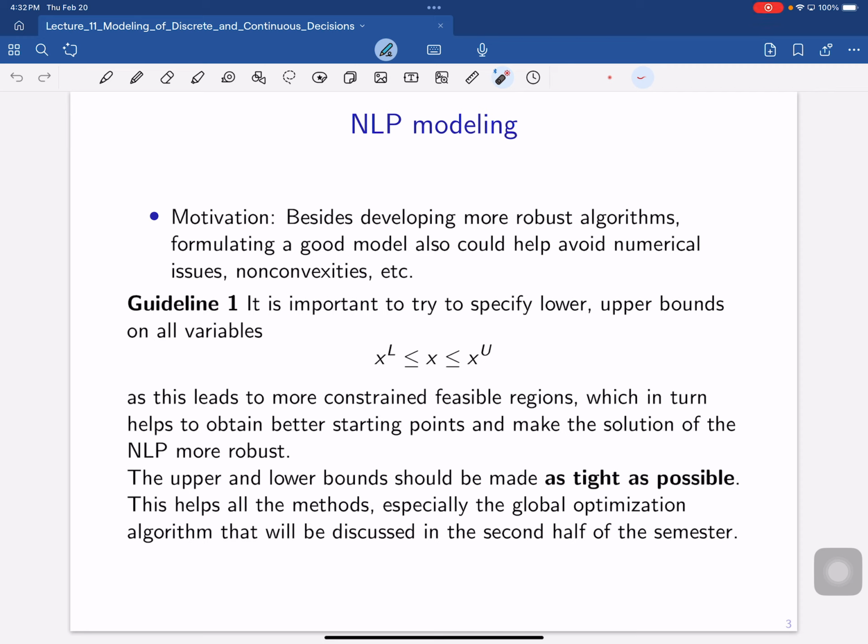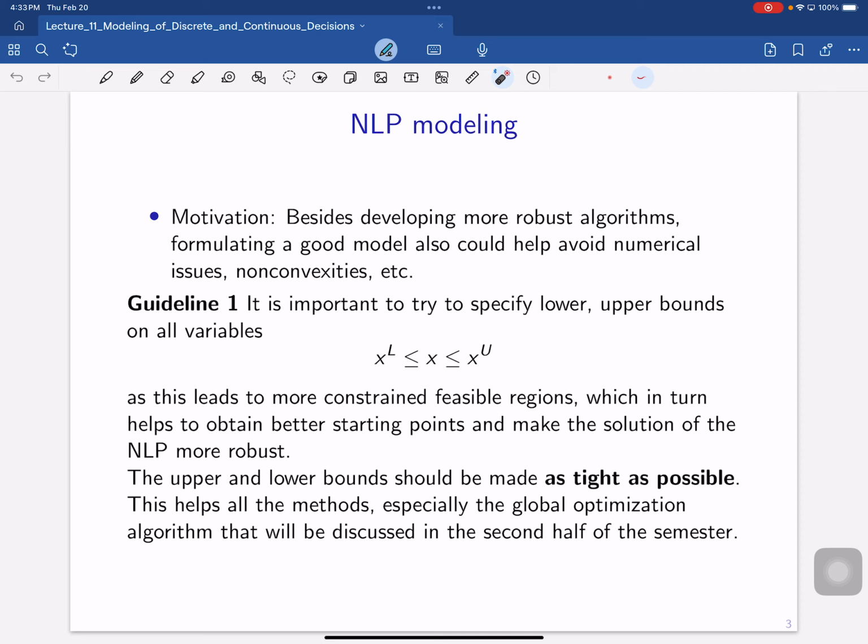So guideline 1 is it's important to try to specify lower and upper bounds on all the variables. If you know the optimal solution is between some upper bound and lower bound, based on maybe physics or your domain knowledge, better to specify the bounds on all the variables.